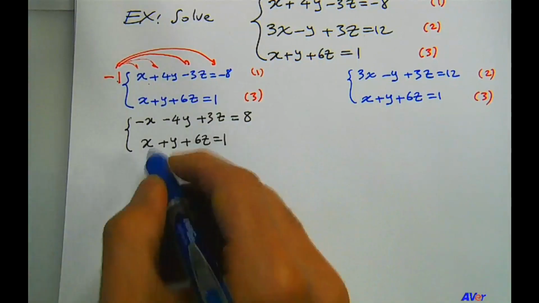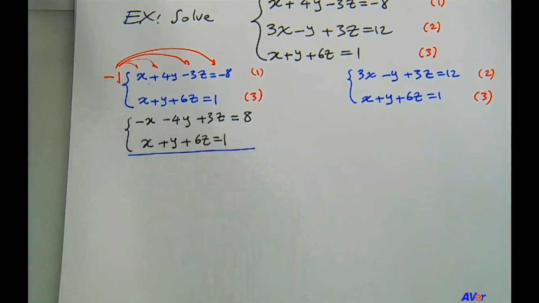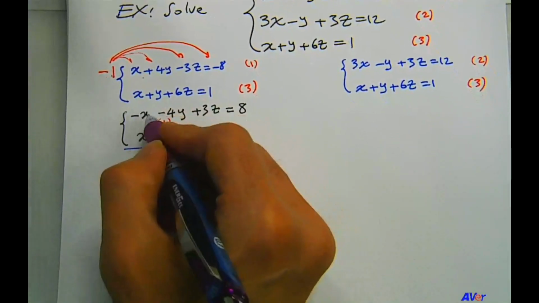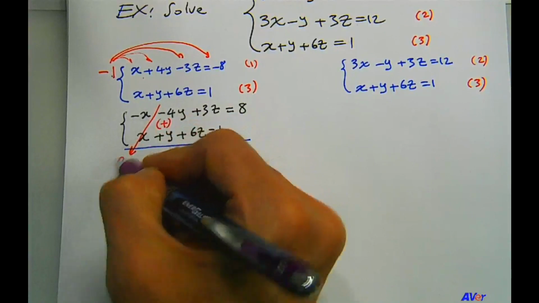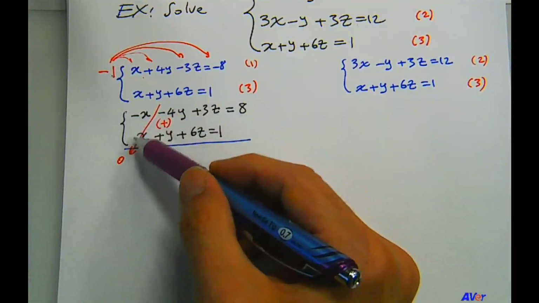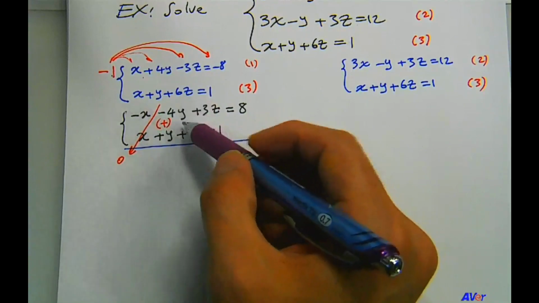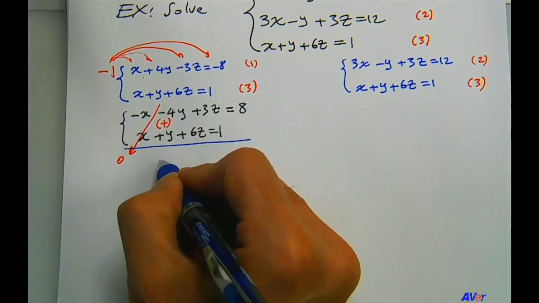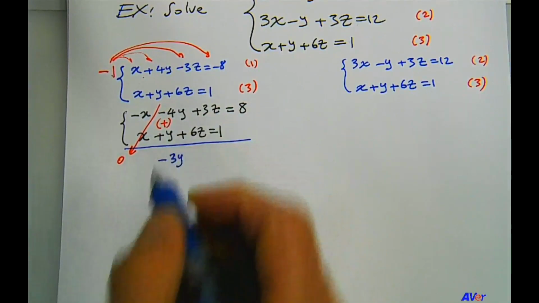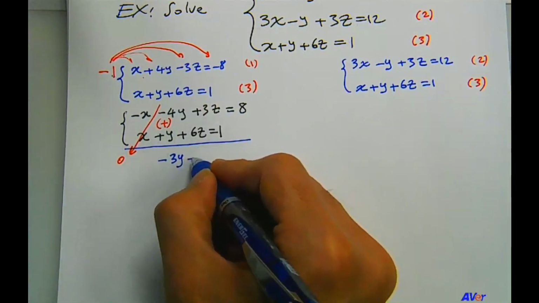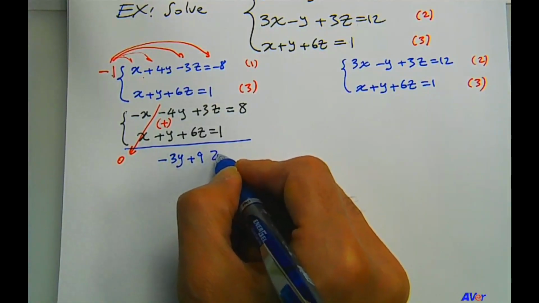Now we can add these two equations together. So adding them together, minus x plus x add up to 0, which is good because that's what we intended, right? We intended to eliminate variable x. Minus 4y plus y adds up to minus 3y. Then 3z plus 6z will add up to 9z.